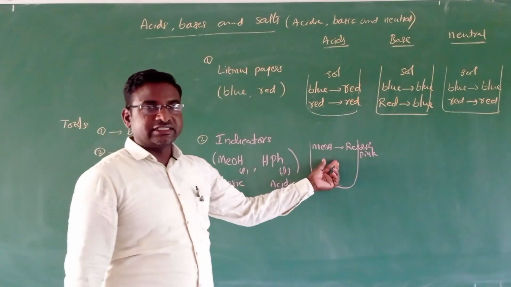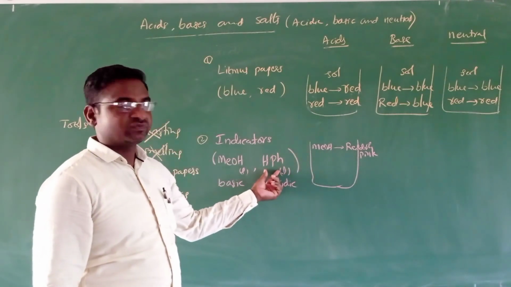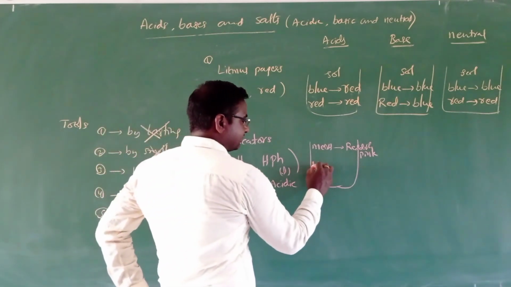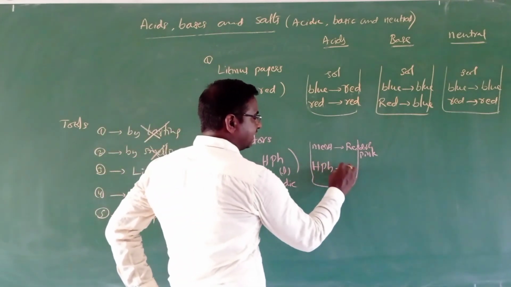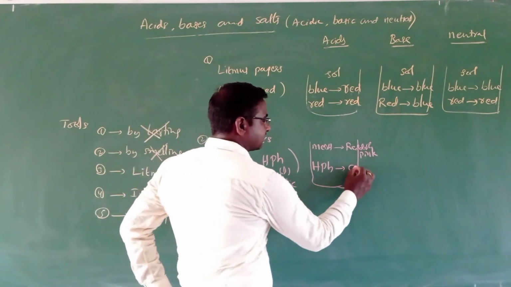Okay, if methyl orange is not available with us, then you go for phenolphthalein. Phenolphthalein in acidic medium is colorless.